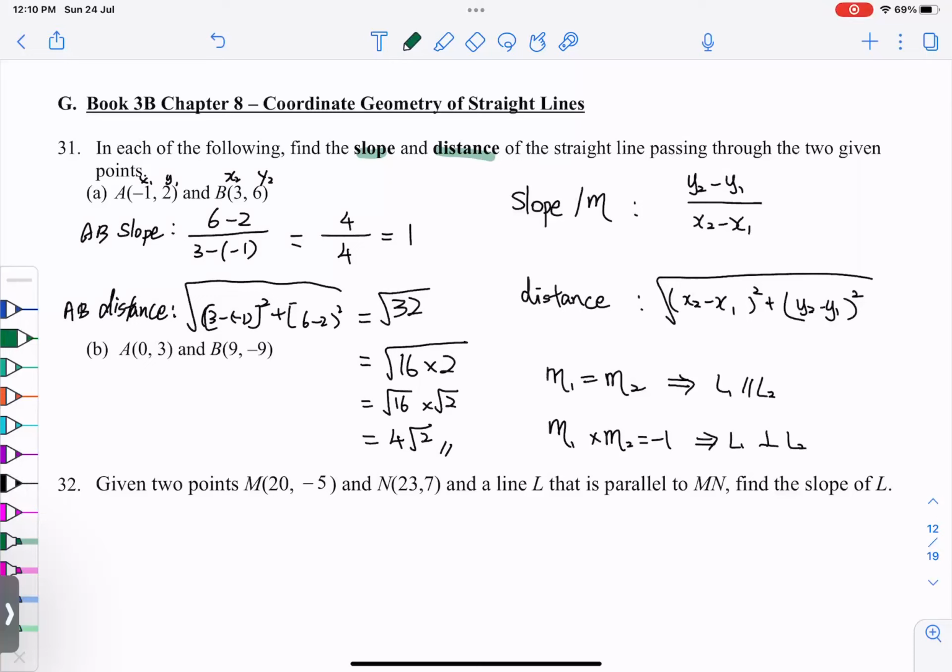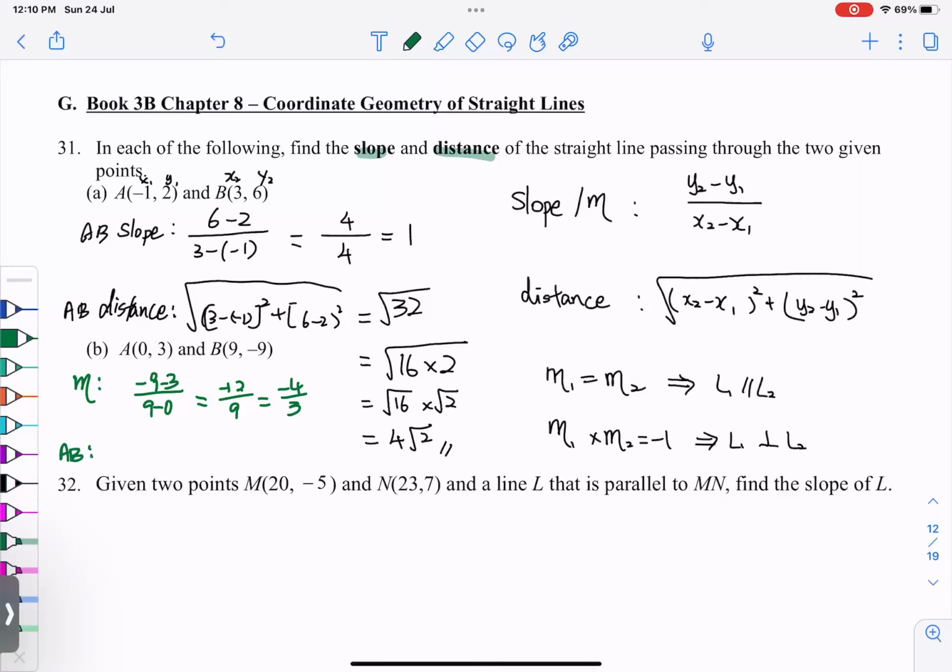Let's also do for part B very quickly. Slope, you can use this symbol, of course. I'm doing a little bit quicker now, and you guys can try to do on your own and then just check if it was correct. Slope, you're done. And then the distance. Actually, for distance, you can always just write like this.